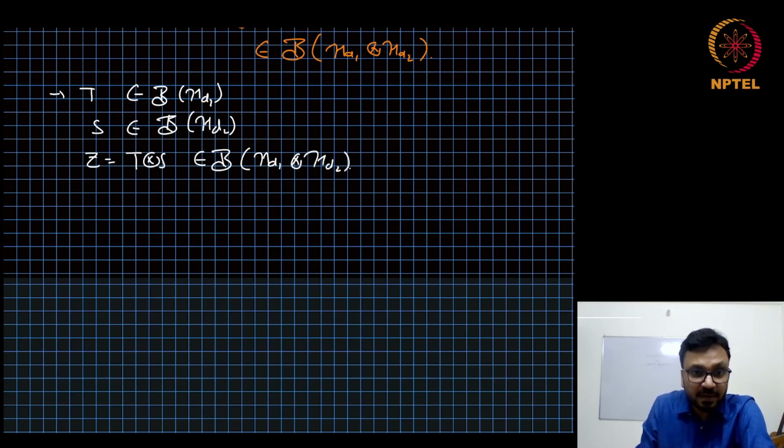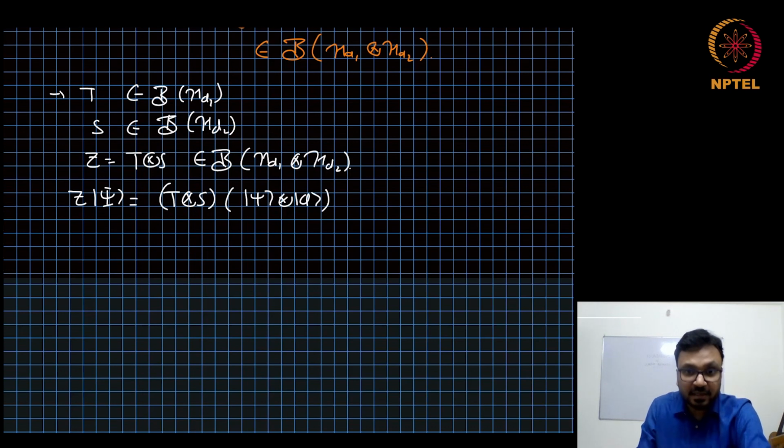So if we apply Z on the state psi, and let us say psi is a product state, psi tensor phi, then T tensor S acts on it. Till now there is no correlation, nothing here to worry about.